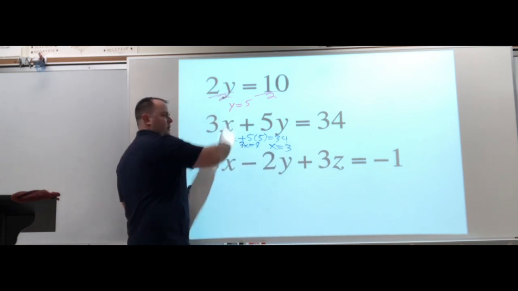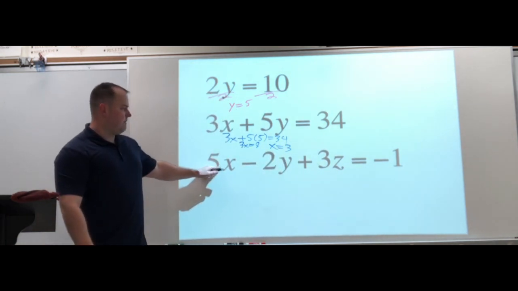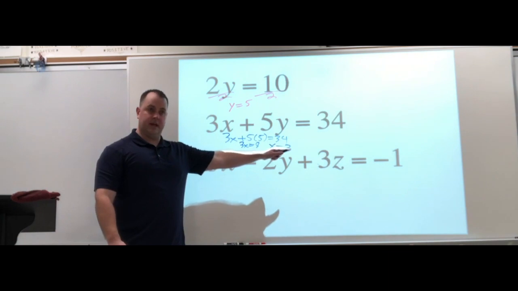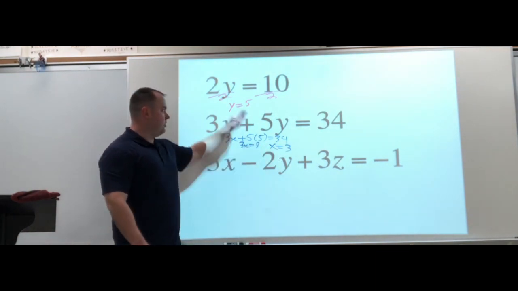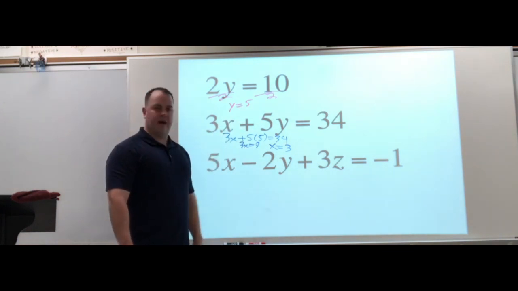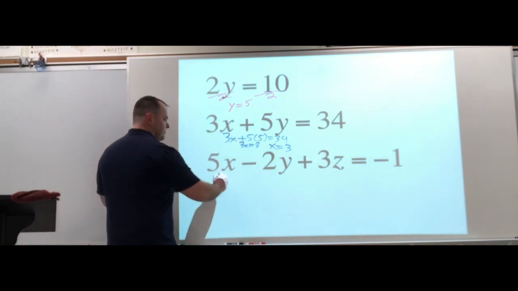So now we have x, now we have y. Our last equation here, 5x minus 2y plus 3z equals -1. Yes, it's big, it's ugly, it has three variables in it, but we know two of the variables. We can plug in and then solve for that last variable, z.